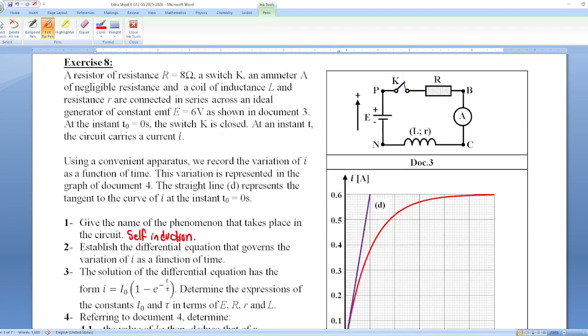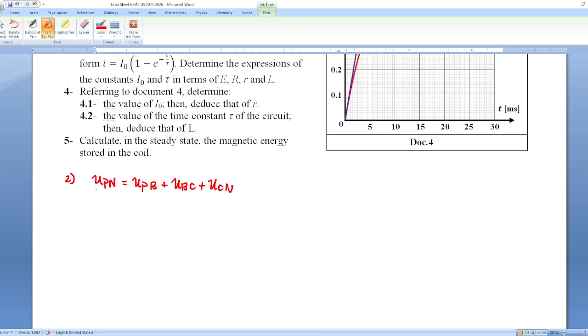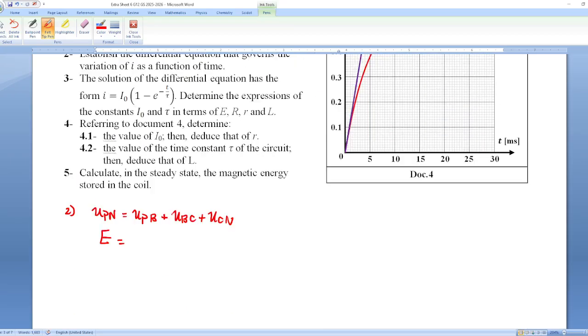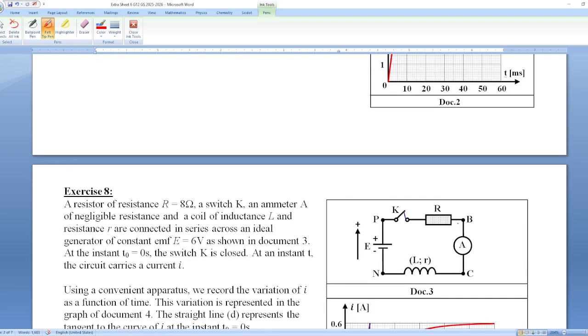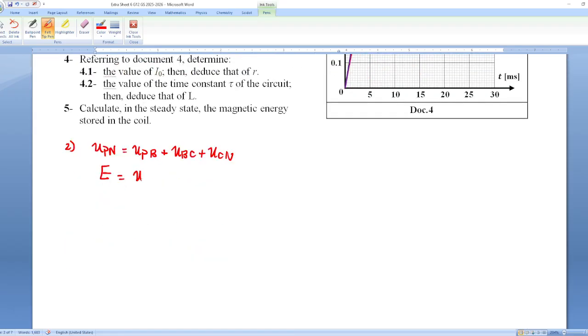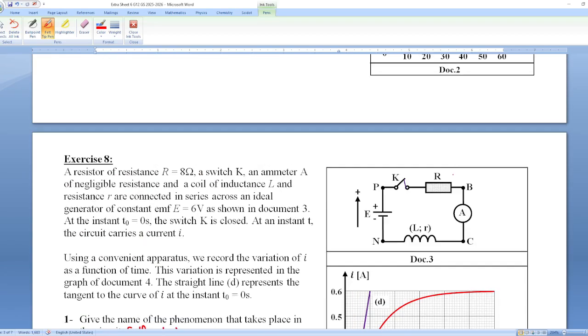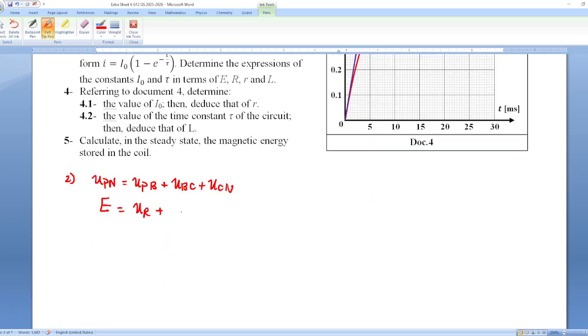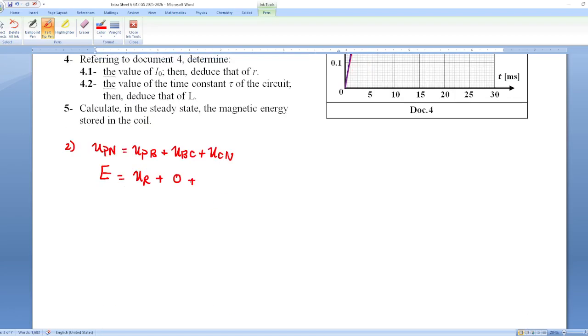UPN is E. UPB is U resistor. UBC, ammeter of negligible resistance, is 0. And UCN is U coil. So we can directly write E equals UR plus UL, law of addition of voltages.